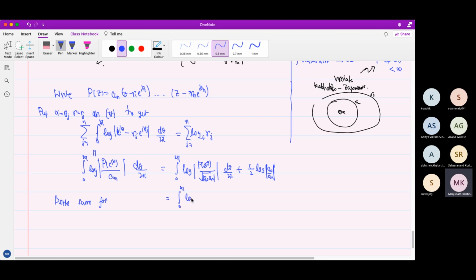So this one, the first one, let's write it like this: log of mod p of e to the I theta over square root a naught a n, d theta over 2 pi. But you know what is the a naught over a n? A naught over a n is the product of the roots, plus minus.